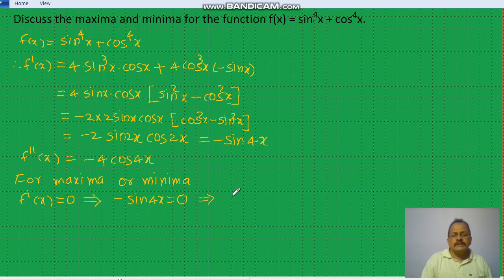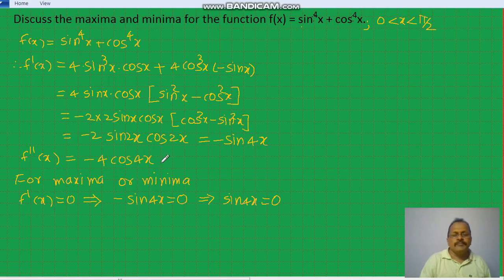That means sin 4x is equal to 0. Now the given function is f(x) is equal to sin raised to 4x plus cos raised to 4x. I forgot to mention here, given in the problem, 0 is less than x is less than pi by 2.